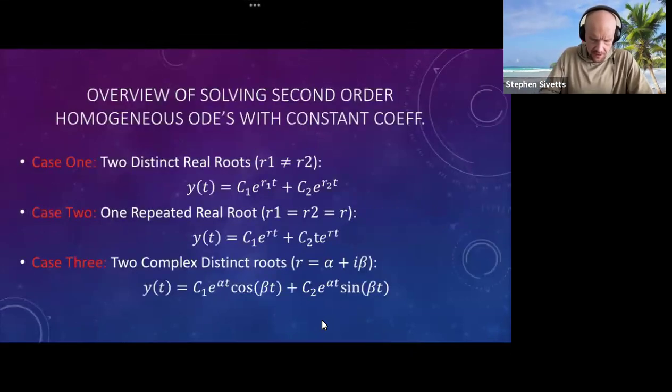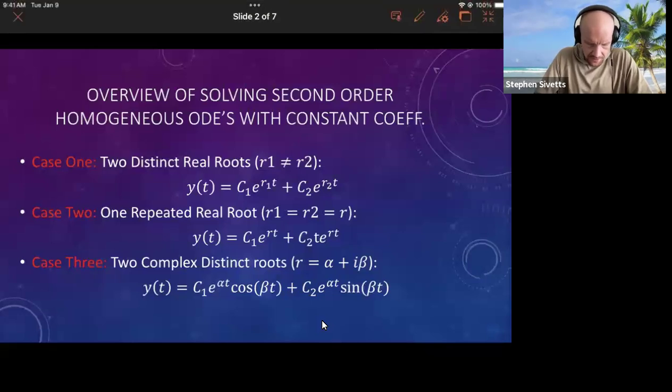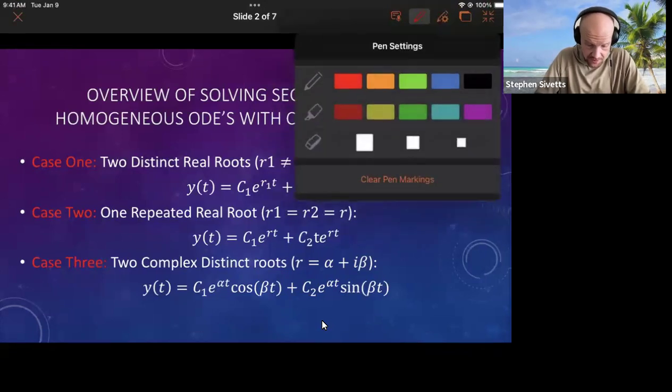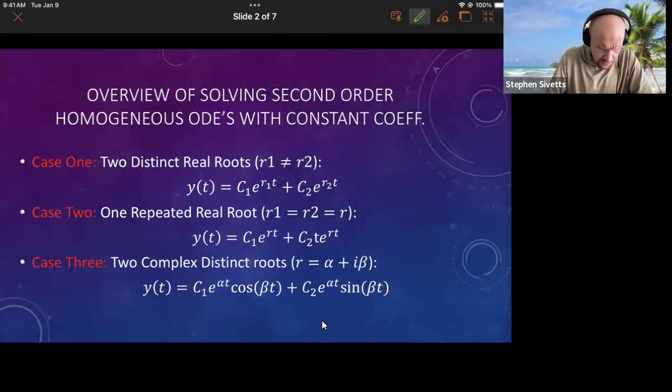So, here is an overview for solving second order homogeneous differential equations with constant coefficients. We went over three cases. The first case is if we have two distinct real roots, if R1 does not equal R2.